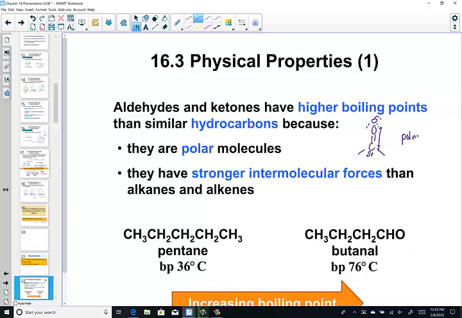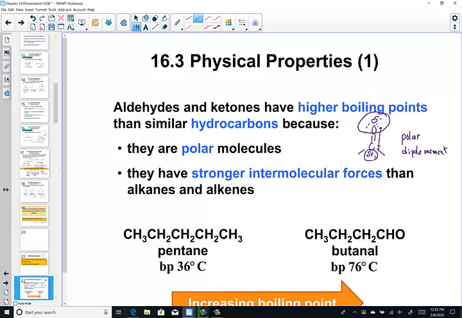We called this a polar functional group. It has a dipole moment. All of those let us know that there is a region that's electron rich and a region that's electron deficient, very rich up here, and deficient here.